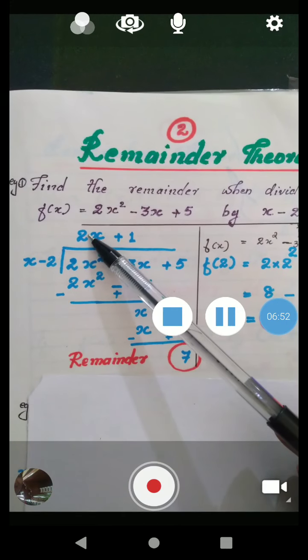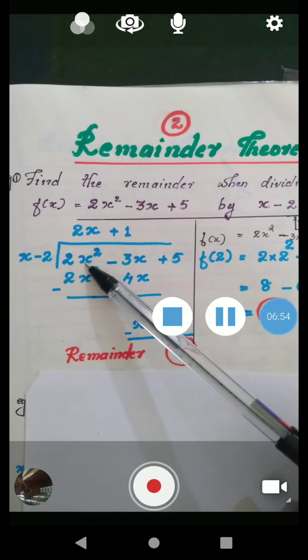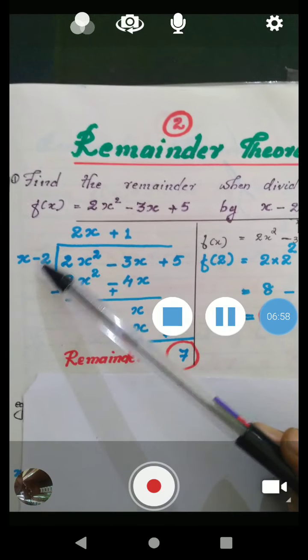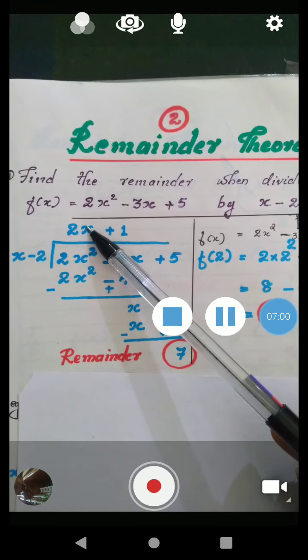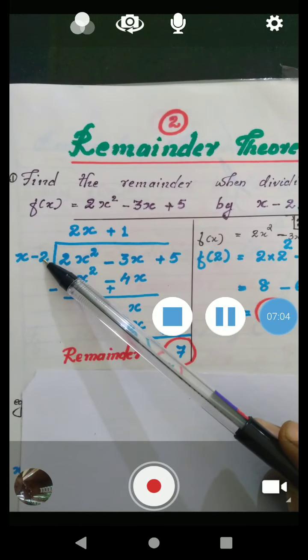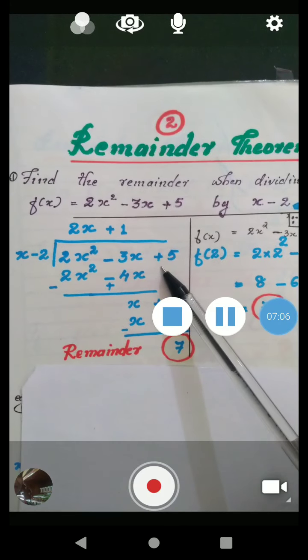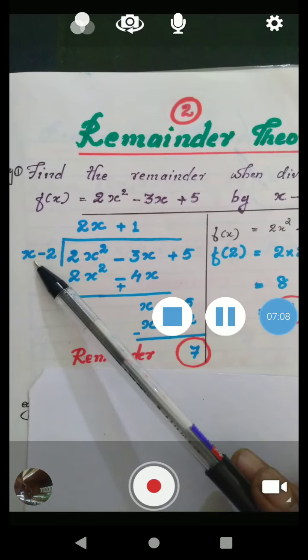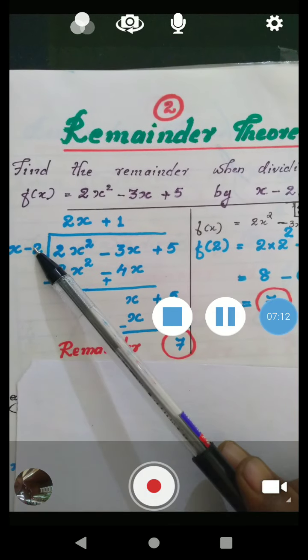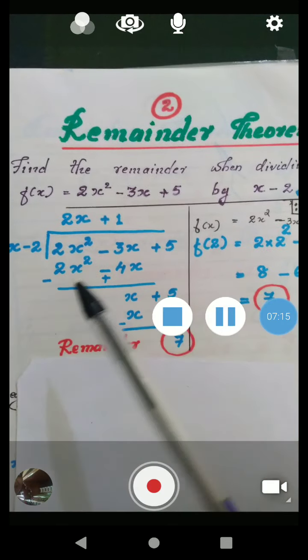So 2x square by x is 2x. We can write 2x here. Now multiply 2x into x minus 2 and write the answer here. 2x into x is 2x square, and 2x into minus 2 is minus 4x.